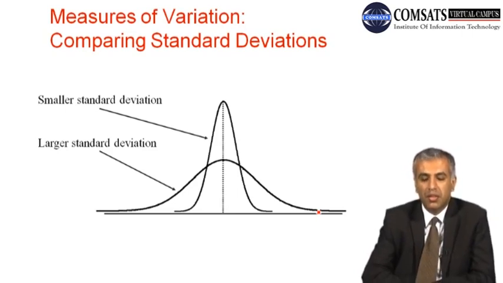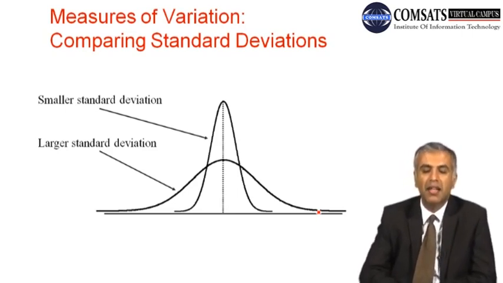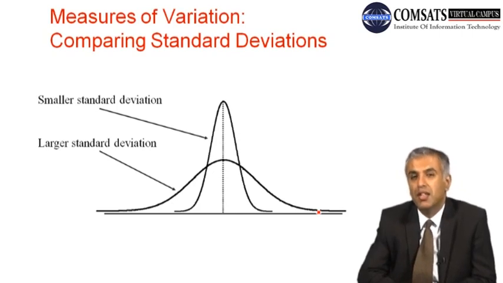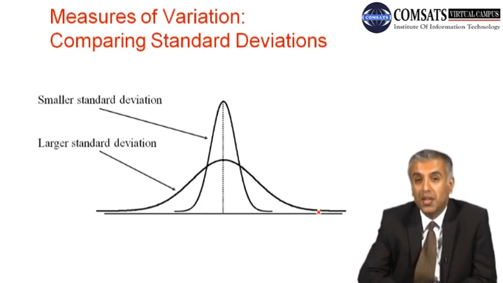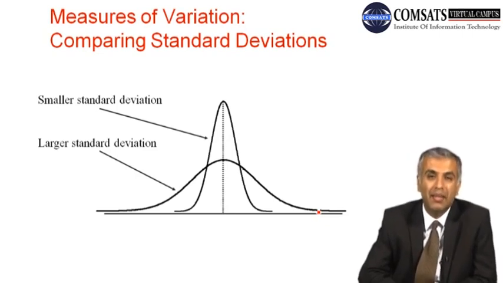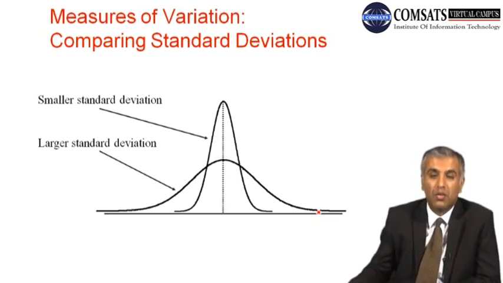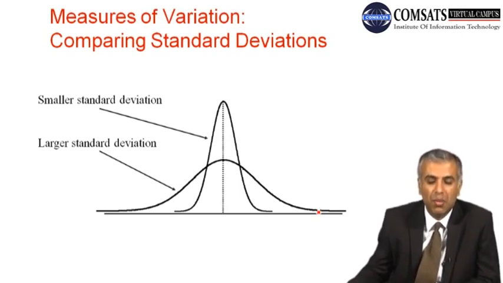So these two curves give us additional information about the characteristics of a data set which may show the same central tendency values, but the difference can be seen from the standard deviation. That's why it's one of the most important things used in quantitative analysis.